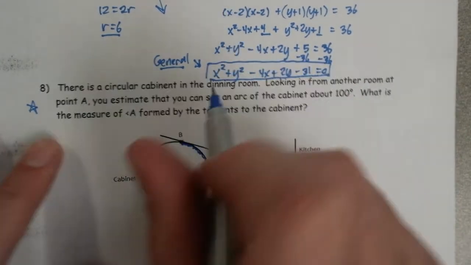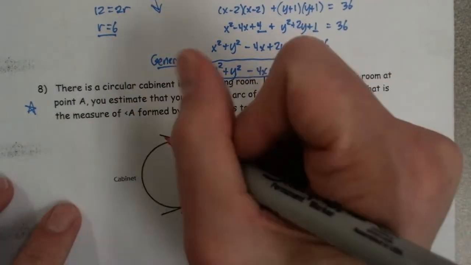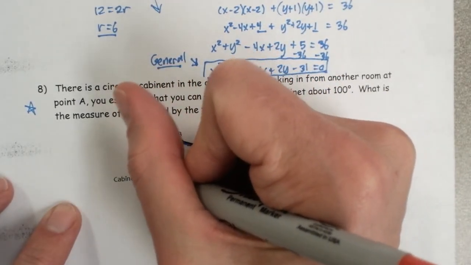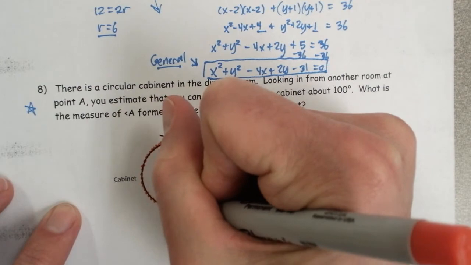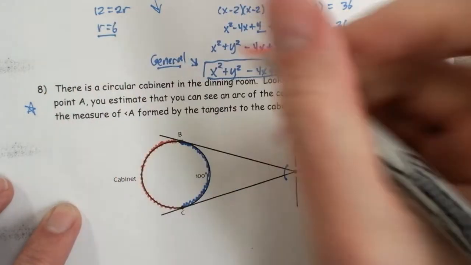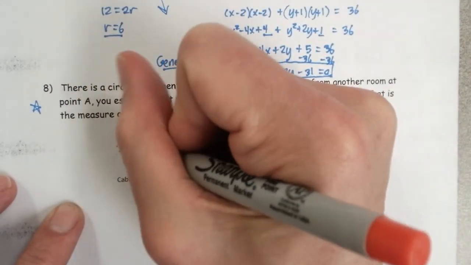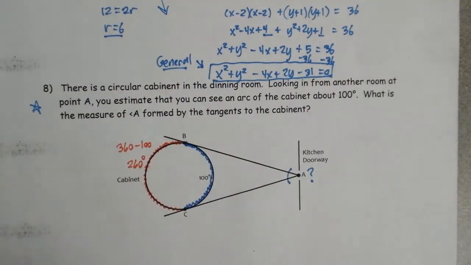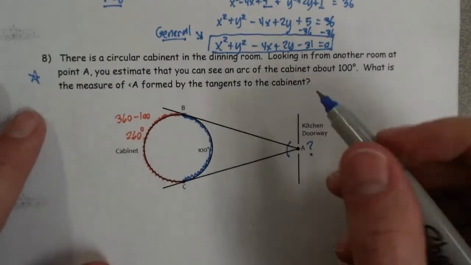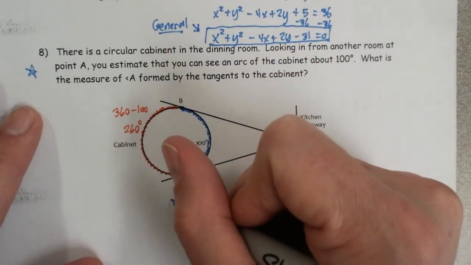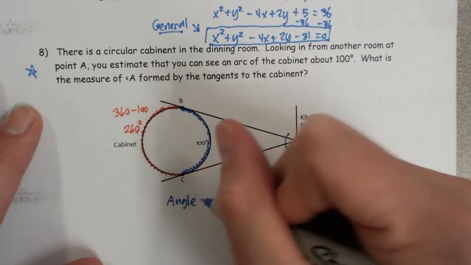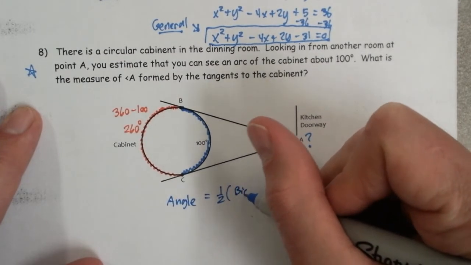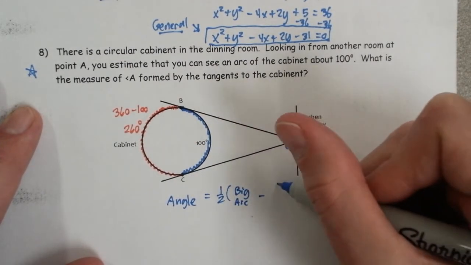So in order to get the major arc, since there's only 2 arcs here, and all the arcs in a circle do add to 360, we're going to do 360 minus 100. Don't double the 100, do 360 minus 100, and that'll get you 260. Now there's a formula we got to know for this one, and that is the outside angle is equal to 1/2, we say big arc minus little arc.